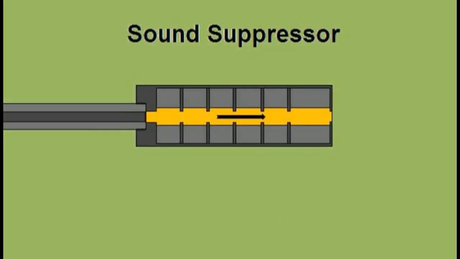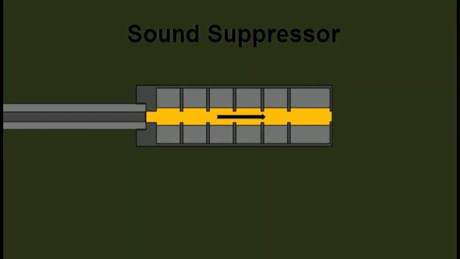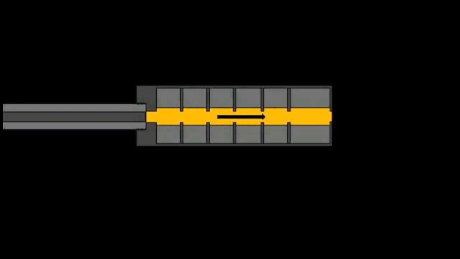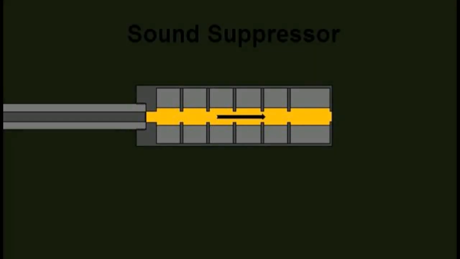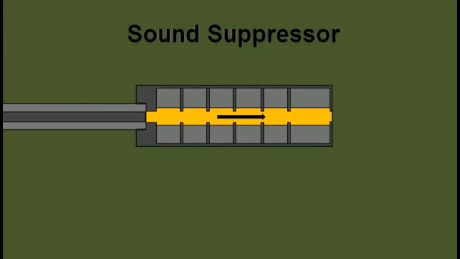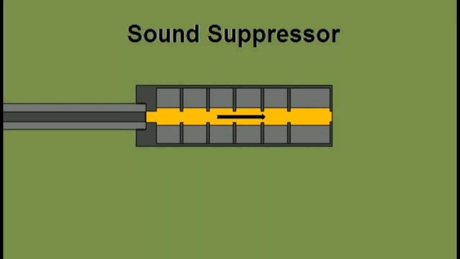So let's talk about sound suppressors first, okay? Basically, the way this thing works is you have a device screwed onto the end of your muzzle, and it has a series of chambers in there. Very, very simple device. Pretty much a muffler for the end of your rifle. And as the gas is escaping past that bullet, you had that supersonic crack of those expanding gases.